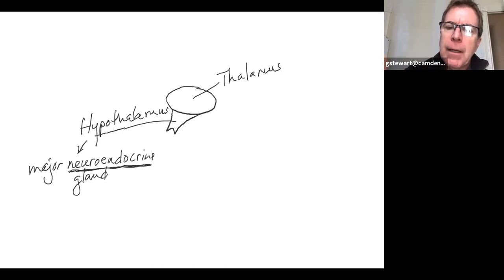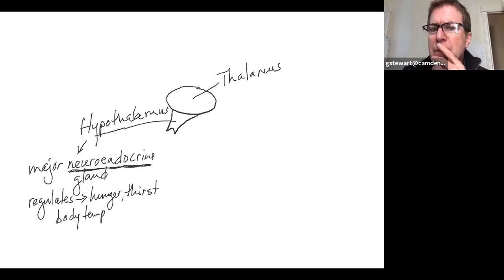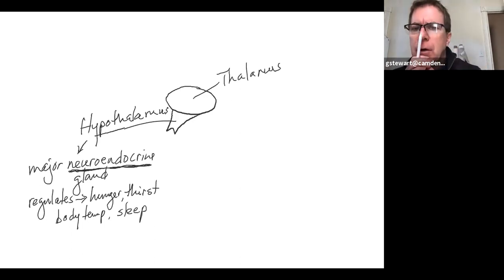area that regulates things like hunger, thirst. It's also the thermometer, so I'm going to write body temp. Sleep cycles. And the list is much longer than that.